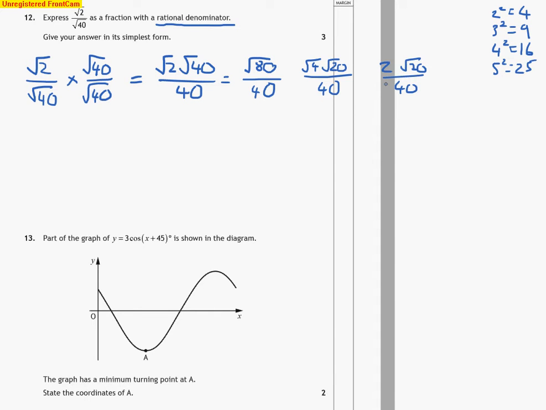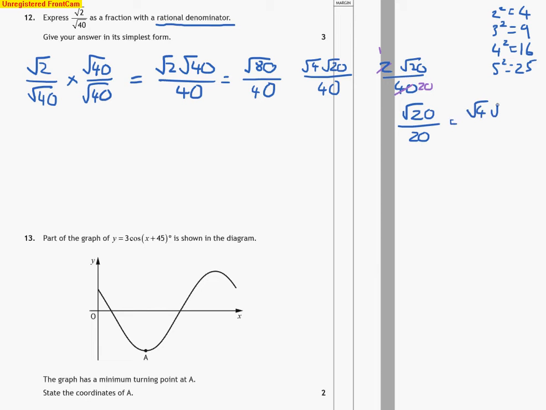And 2 over 40, I know that's going to give me 1 over 20, because I'm dividing this by 2 and this by 2. So if I divide both these by 2, that becomes 1 and that becomes 20. So right away we're thinking, oh, this is looking sensible. This is going to start to simplify: root 20 over 20. Root 20, what can we break that up into? Root 4 times root 5.